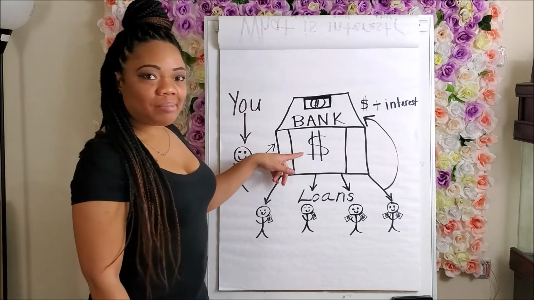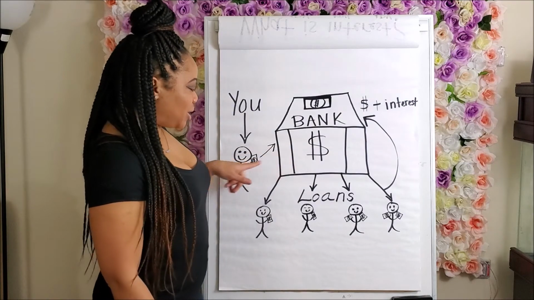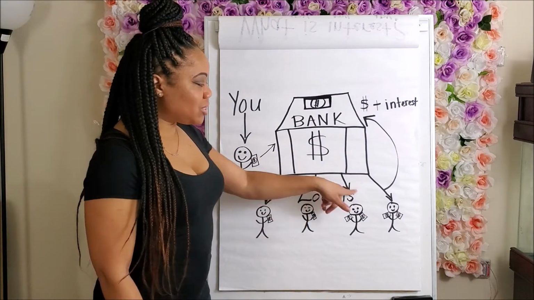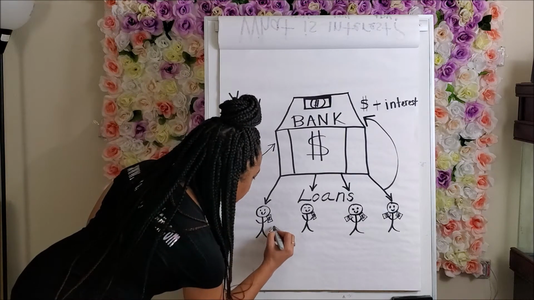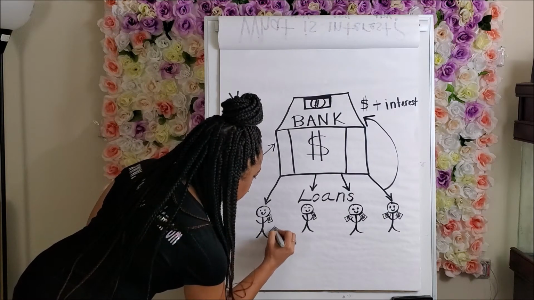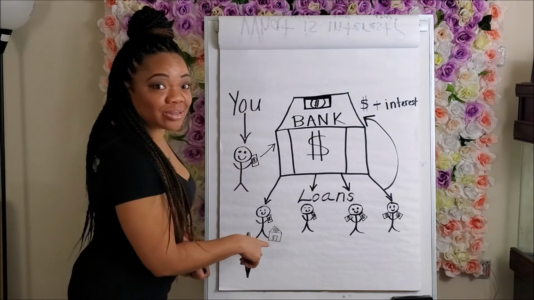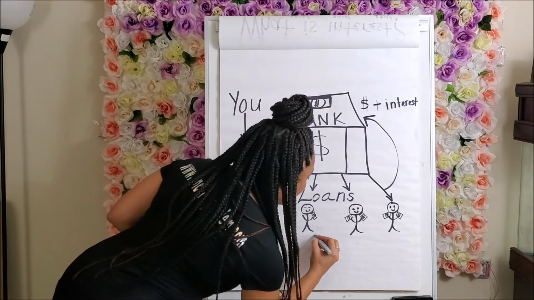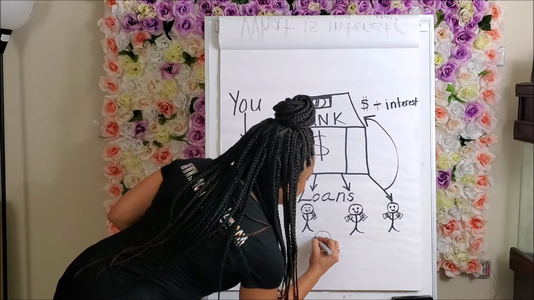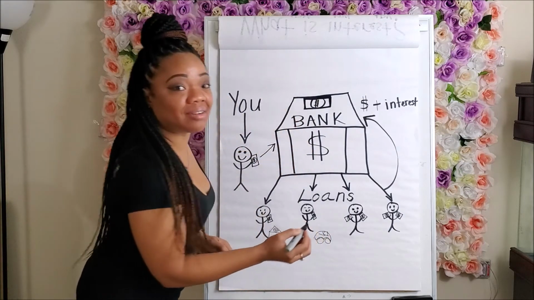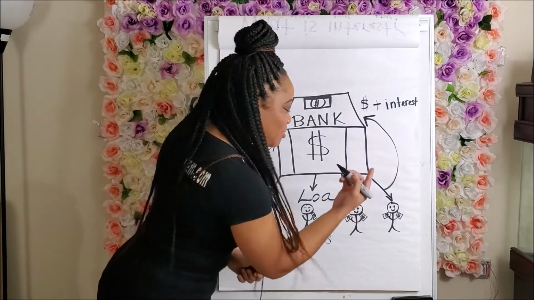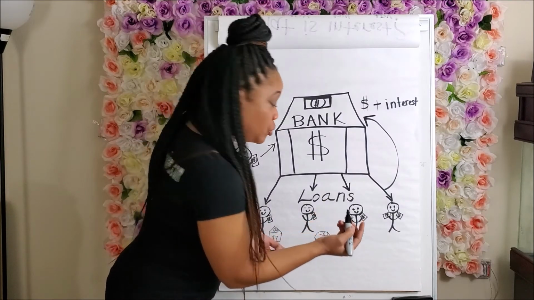So you put your money in the bank. The bank takes your money and they loan it out to these people. So let's just say this person wants a house. That's a house. This person wants a car. That's a car. And this person wants a business loan for a small business.